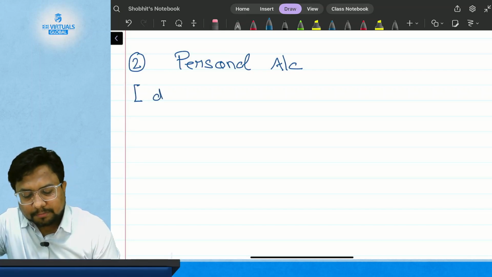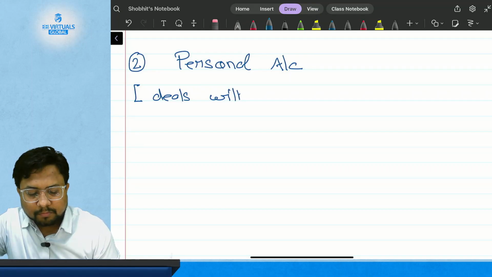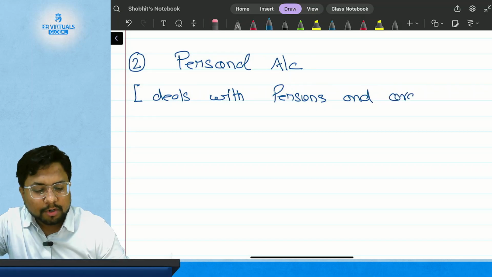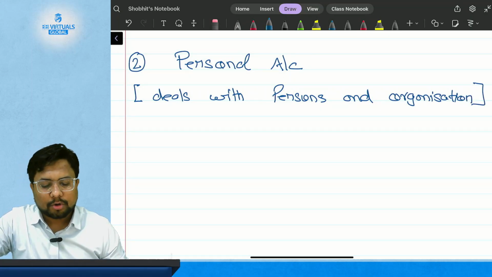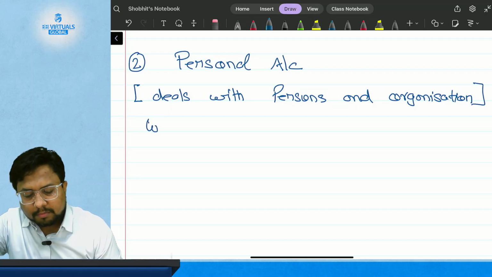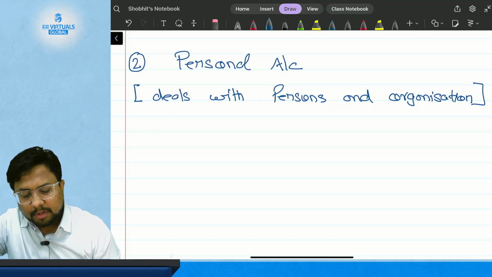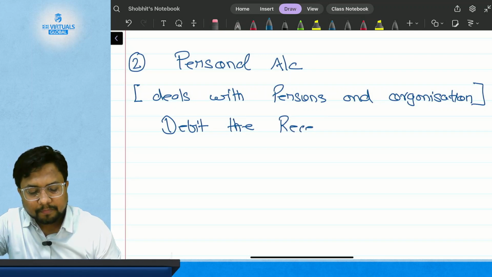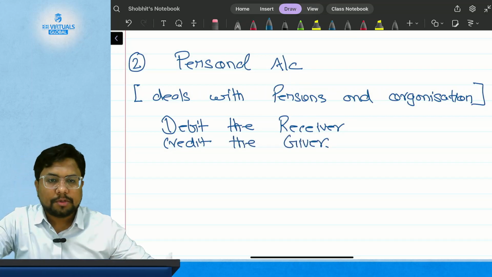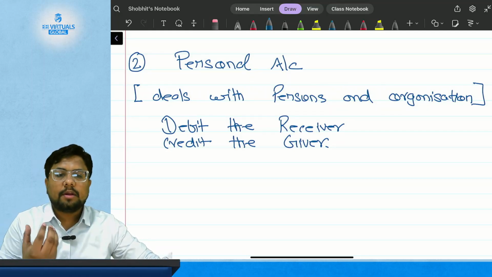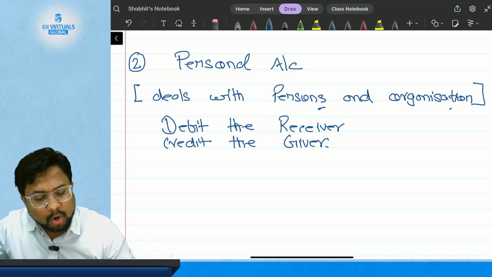It deals with persons and organizations. So the personal account golden rule deals with persons and organizations, and the rule is debit the receiver, credit the giver.